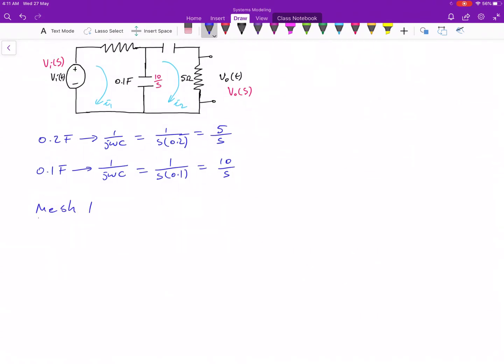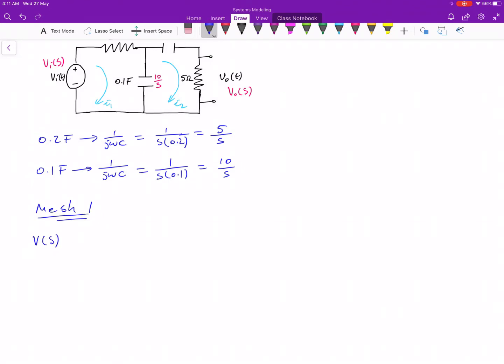For loop 1, I'm writing this directly in terms of Laplace because it will be a bit faster than writing the equation and turning it into the Laplace domain. But if you want to do it in the time domain first, then apply the Laplace transform, you are at liberty to do that.